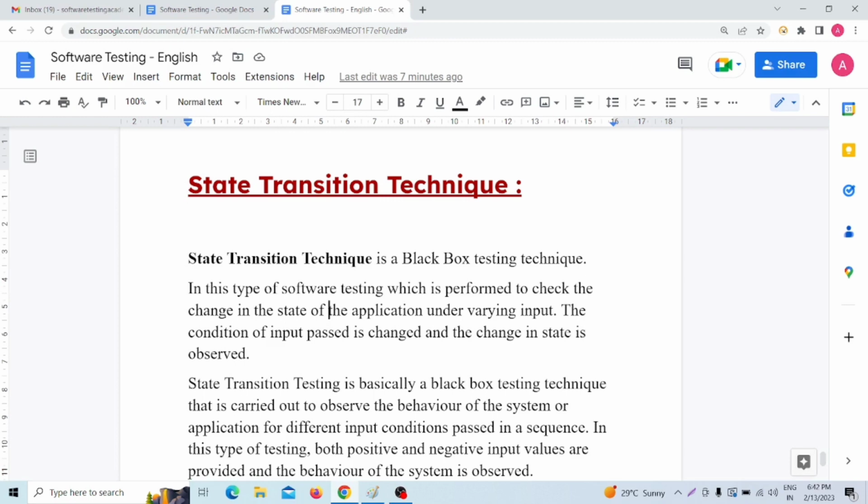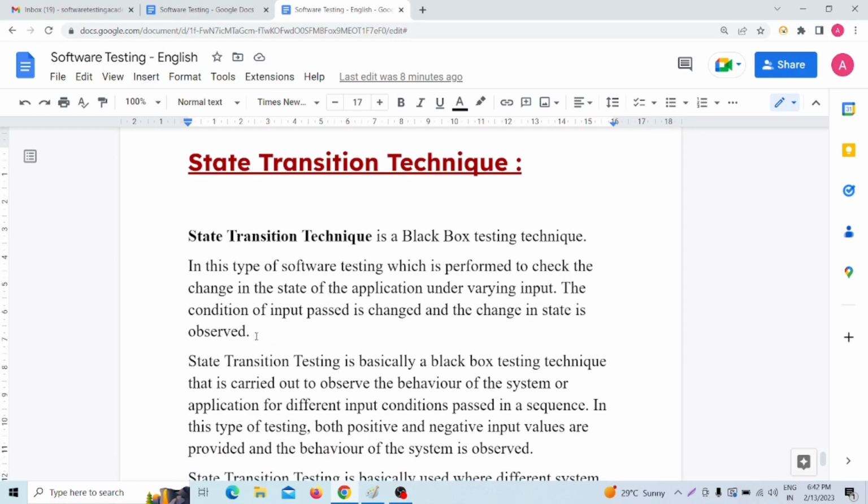The state transition technique is a black box testing technique, and in this type of software testing we check the change in the state of an application under varying input. If the input condition is changed and the change in state is observed, we have to observe that.